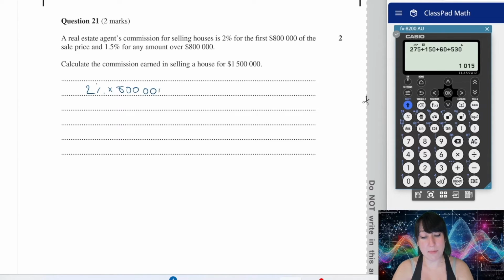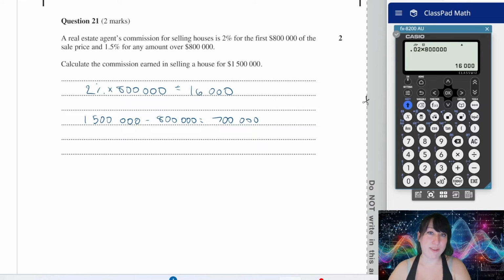Remember, we can find that by multiplying by 2%. That's $16,000. And then 1.5% on the value over 800,000. To find that, we can do 1,500,000 minus 800,000. That will be 700,000.